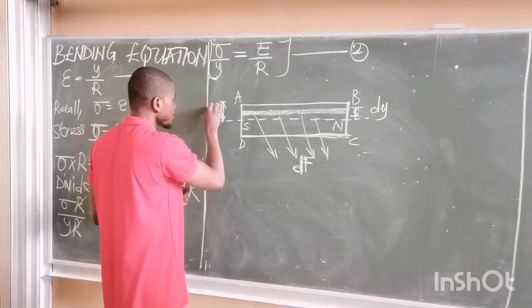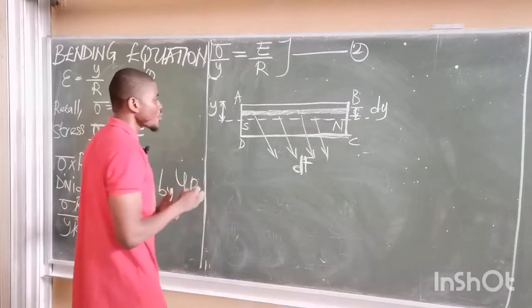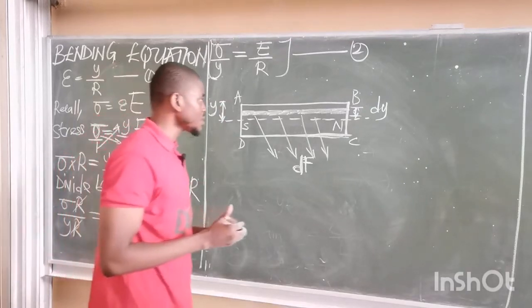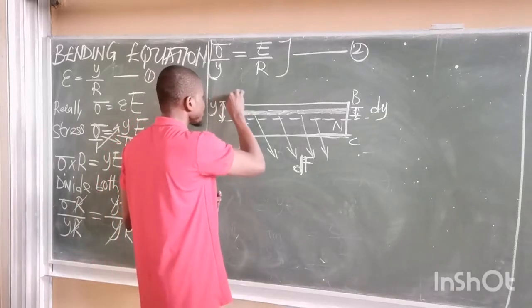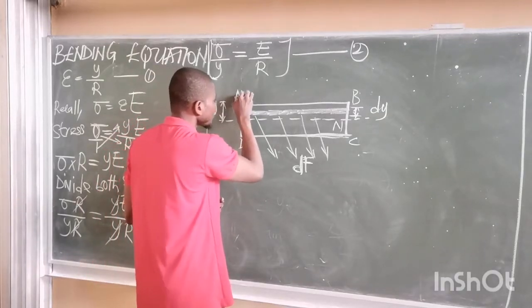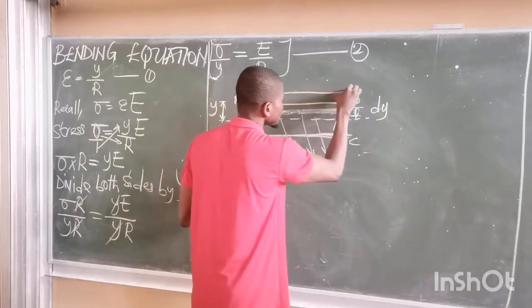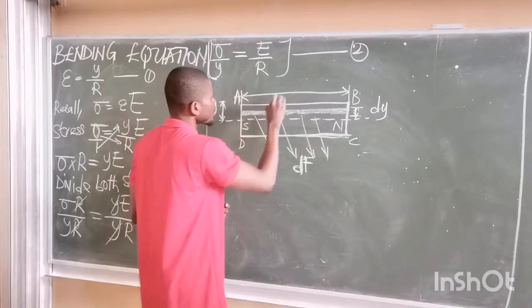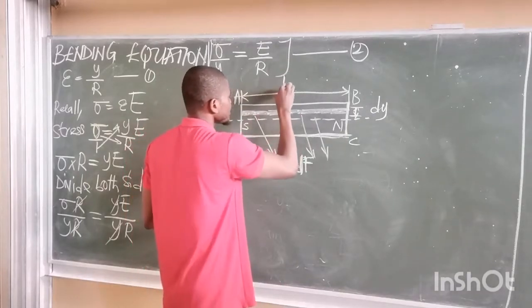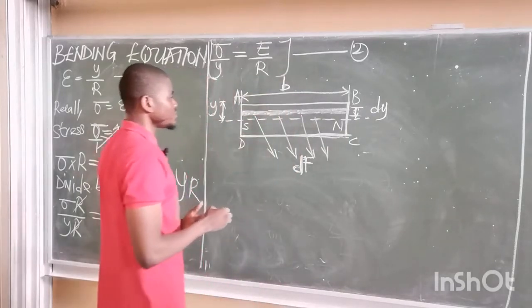We call that distance y. And we said let the width be simply B. So the width from point A down to point B, the width of this rectangular bar is simply B. This is now the width B.